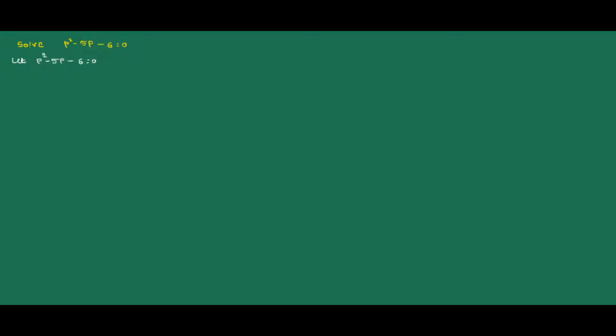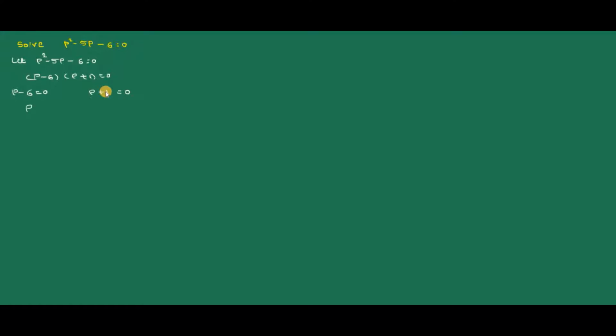We have to find the factors. If you simplify this, we can write it as (p minus 6)(p plus 1) is equal to 0. That implies p minus 6 is equal to 0 and p plus 1 is equal to 0.